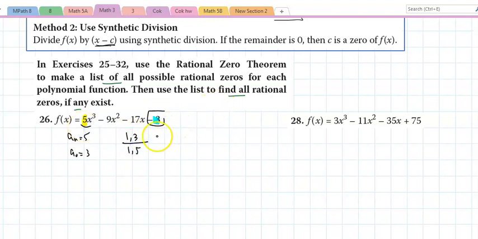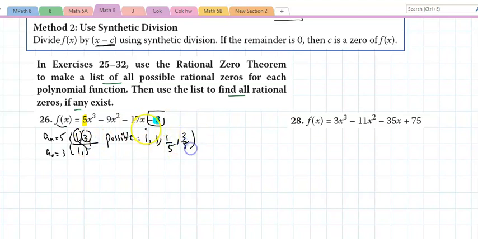So the possible rational zeros are 1 divided by 1, 3 divided by 1, 1 divided by 5, and 3 divided by 5. And of course, plus or minus.